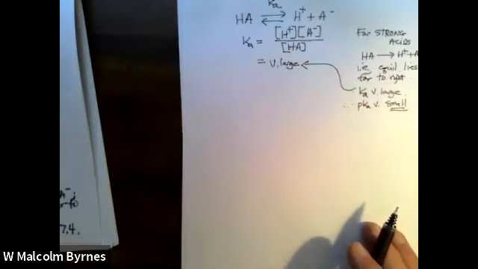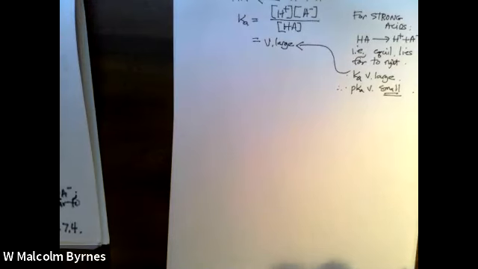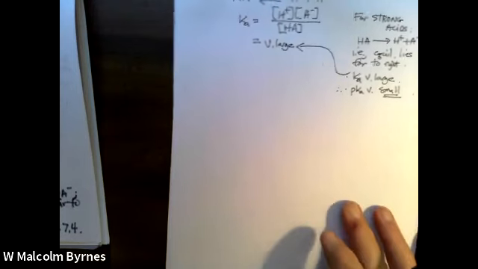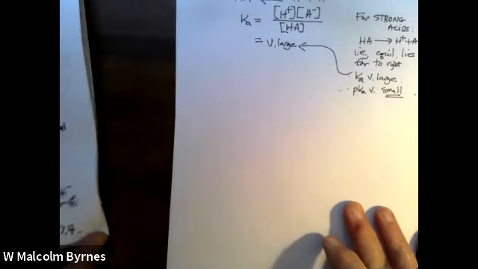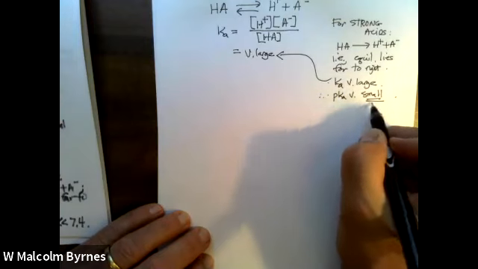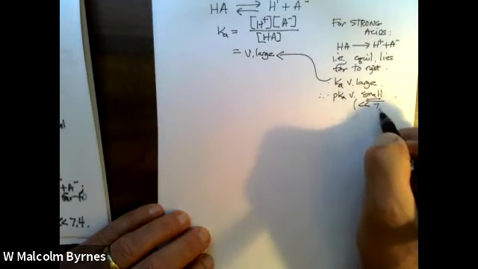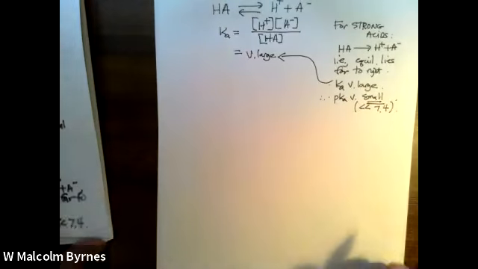Because the negative log of a very large number will be small, and the negative log of a very small number will be large. So that's good to keep in mind there. The pKa is very small, and it's much less than 7.4, which is the physiological pH.